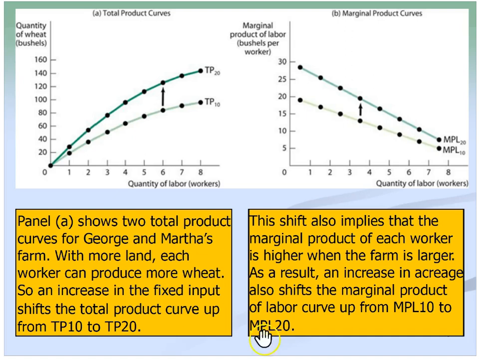But it's also going to shift the marginal product curve upward, but it's still diminishing. So the idea there is even though the total product curve is increasing because of the new land that's being purchased and added to an input, it's adding to the total product curve, but it's also shifted the marginal product curve to a higher marginal product of labor, but it is still diminishing over time.